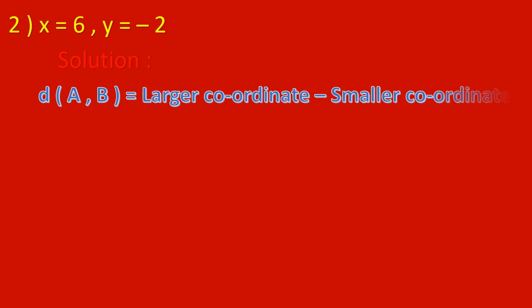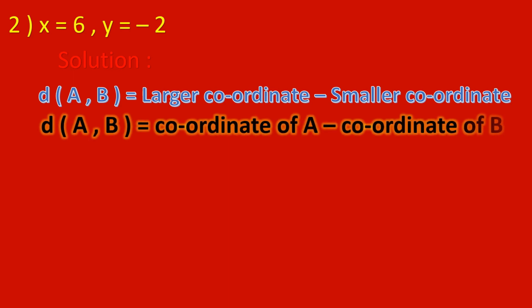Question number 2 of second is x equal to 6 and y equal to minus 2. In solution, the first line is the formula only. Distance between any two coordinates is equal to larger coordinate minus smaller coordinate. Here x is larger, that is coordinate of A is larger.